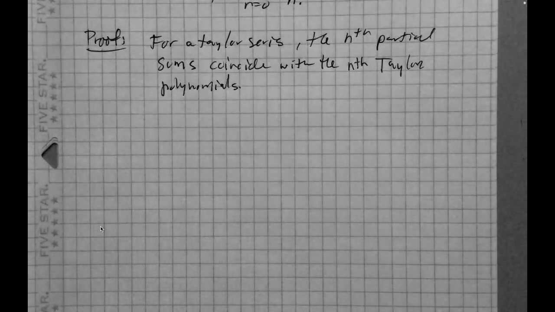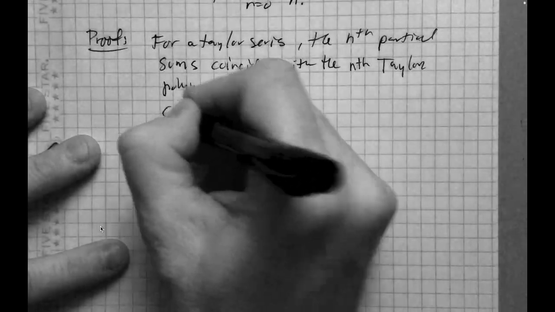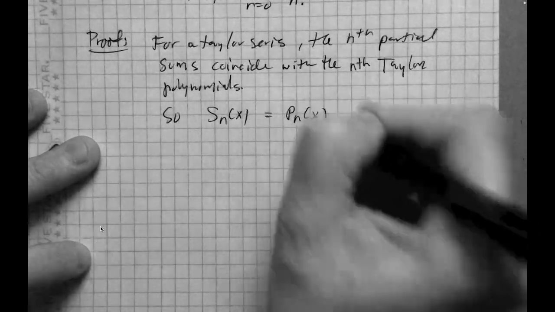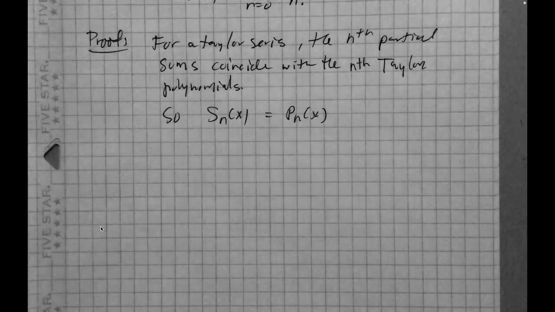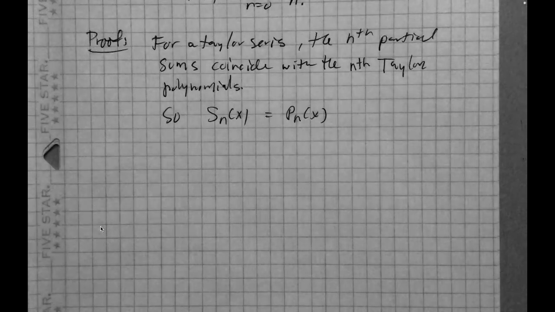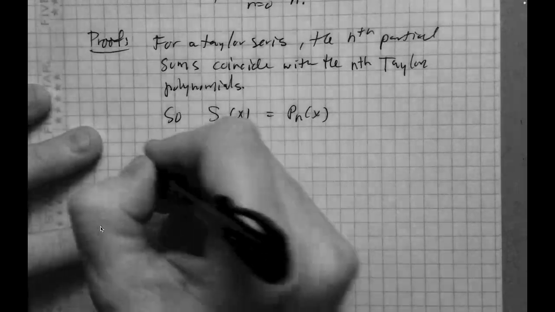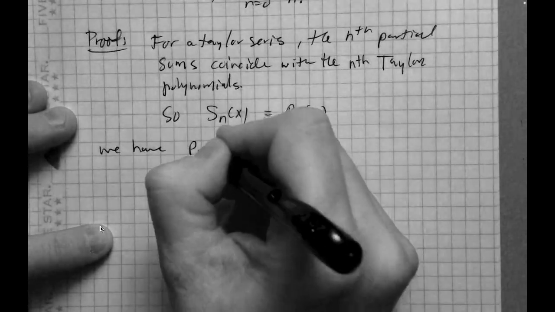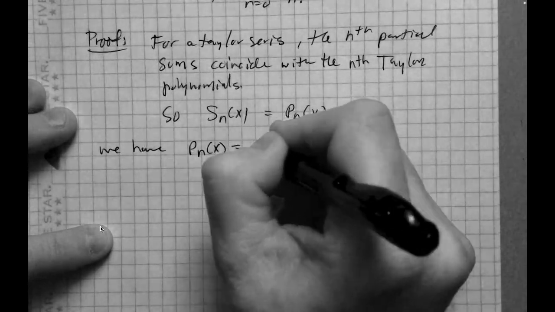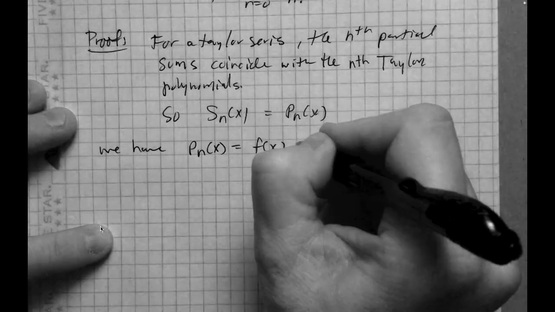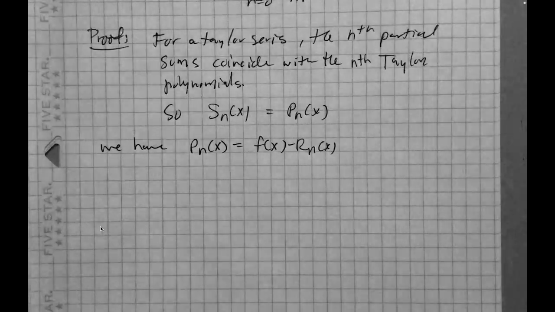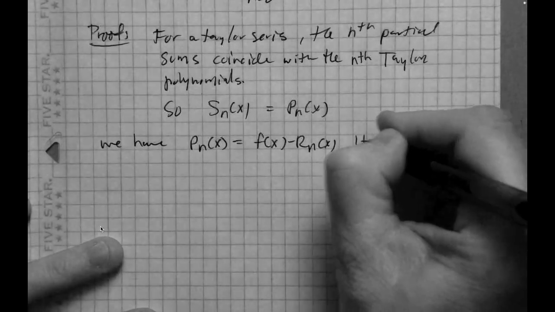So basically we can say that S sub n of x is equal to P sub n of x. Right? They're the same. The nth Taylor polynomial is the same as the nth partial sum of the Taylor series. Okay. Now we know that P sub n of x is equal to whatever the function is minus the remainder. Okay.